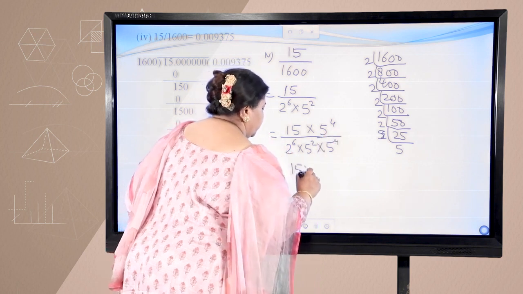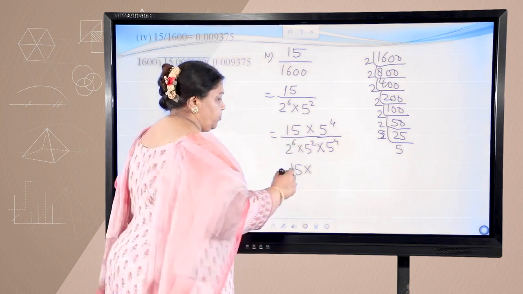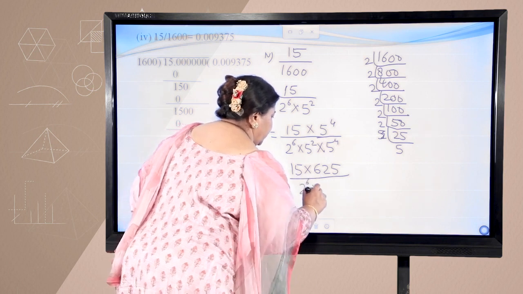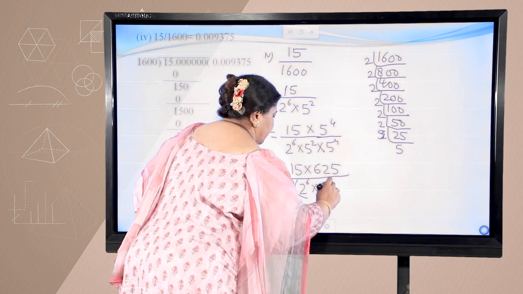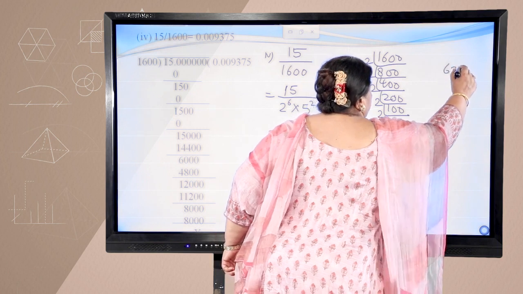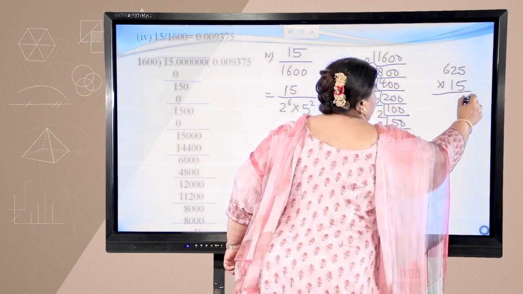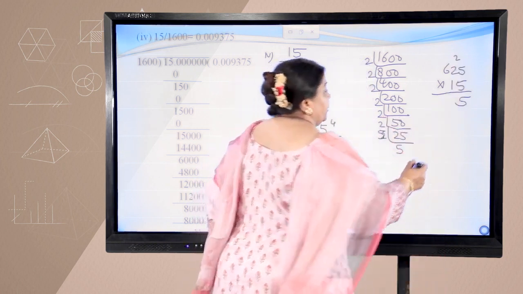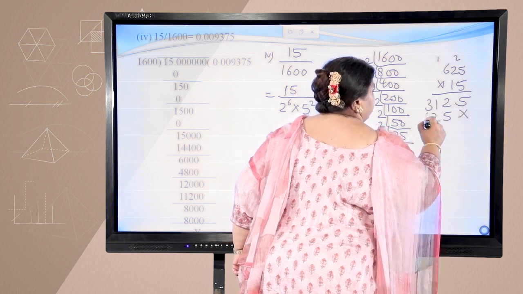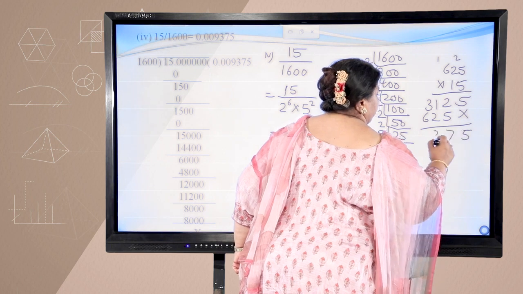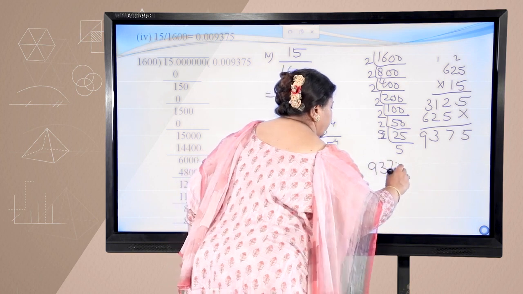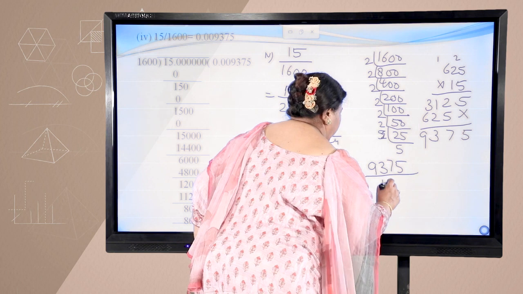So, 15 into 625, as 5 5s are 25 and 25 into 25 gives me 625, and the denominator is 2 to the power 6 into 5 power 6, which can be simplified as 9375 as the numerator upon 10 power 6.